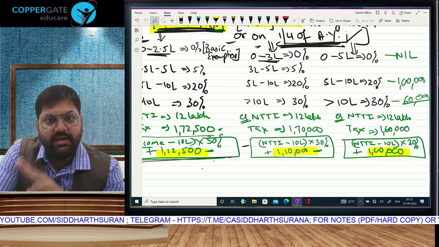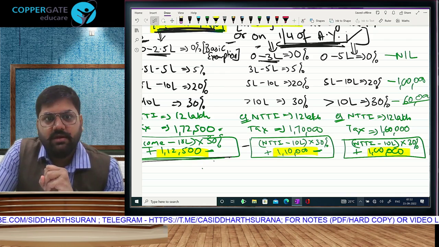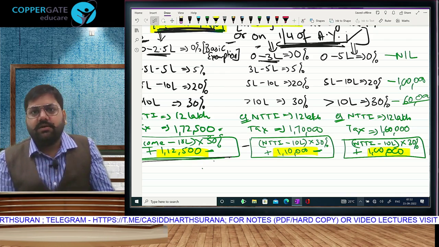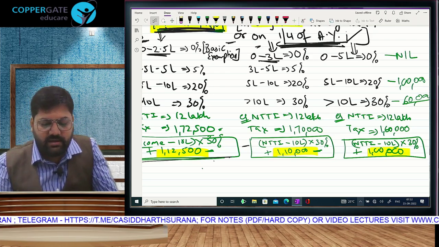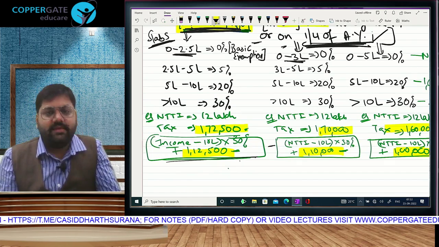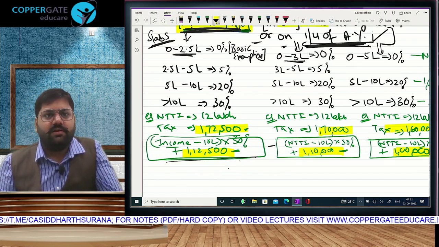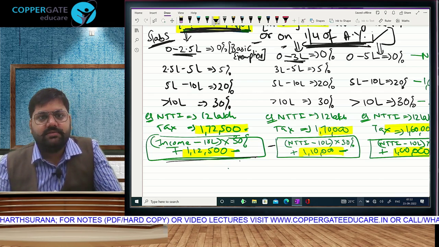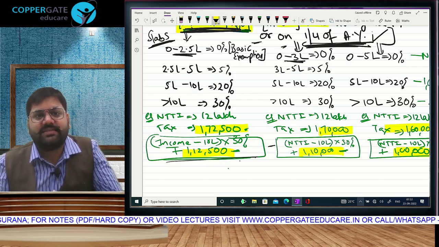If it is category B, 1,10,000. If it is category C, 1 lakh. That's the difference in tax calculation, and we have already computed that at the level of 12 lakhs for all the three categories. This is how we are going to calculate tax. This is the slab rate system of our country.